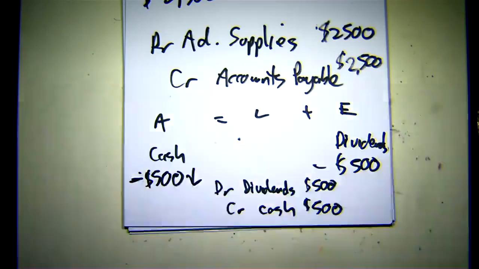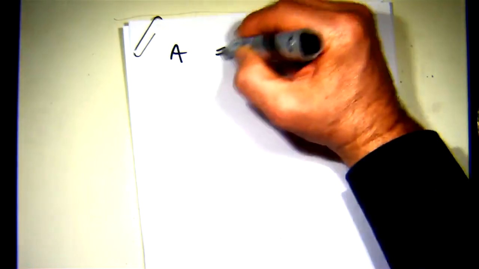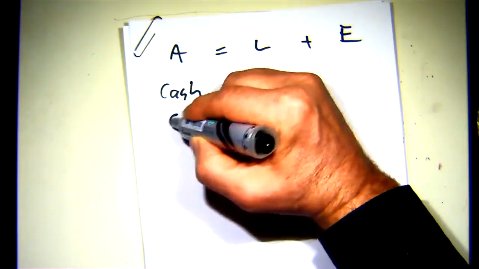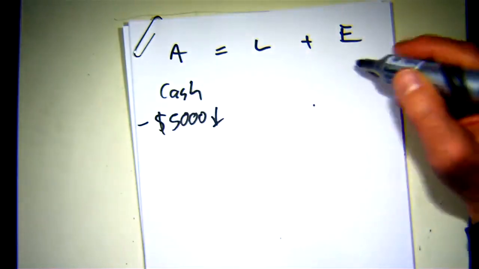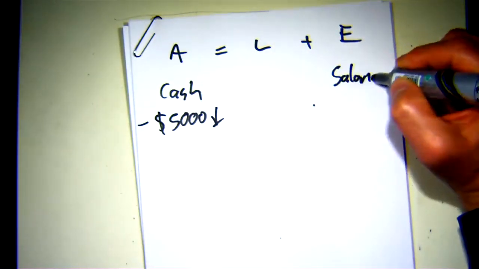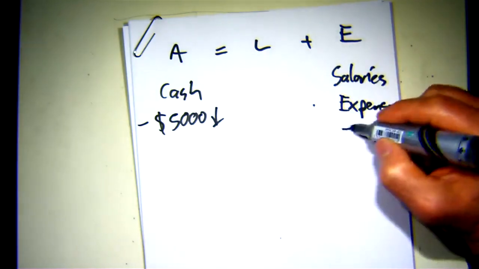And the last one I think we're up to, or on the slide. We recognise this. We paid cash for salaries expense, 4,000. So we've paid cash of 5,000. It's down, and we had a salaries expense, 5,000.